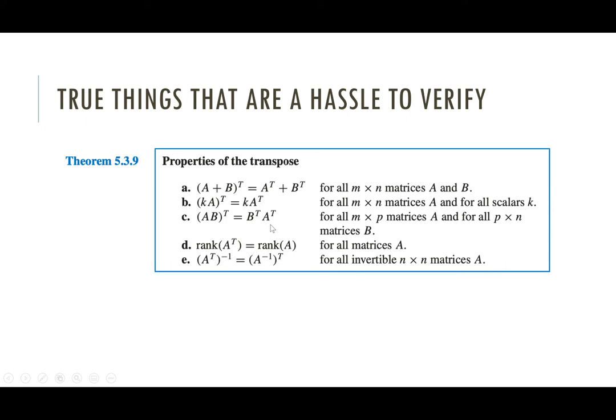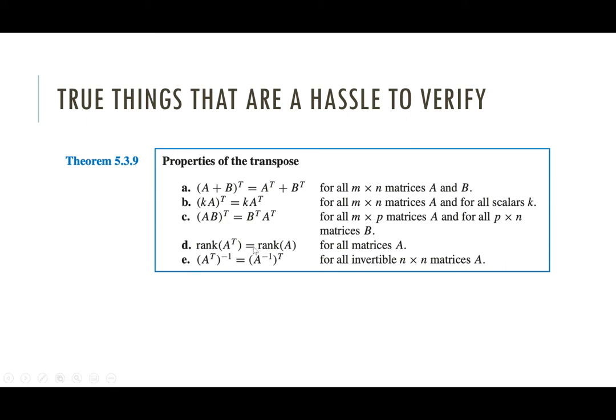This one, part C, is a real hassle, but your book does go through it. And it's interesting: kind of like the inverse, the transpose means you switch the order of A and B. Part D is actually interesting, and I want you to spend some time thinking about it.